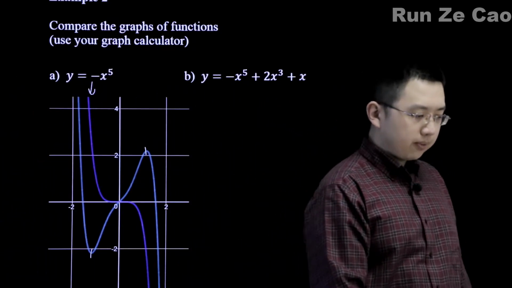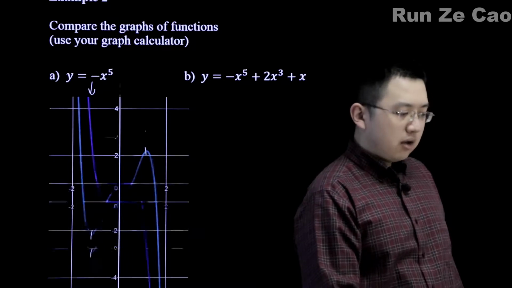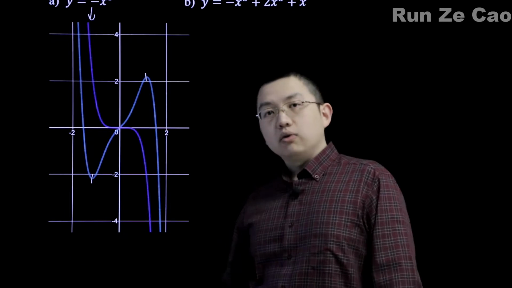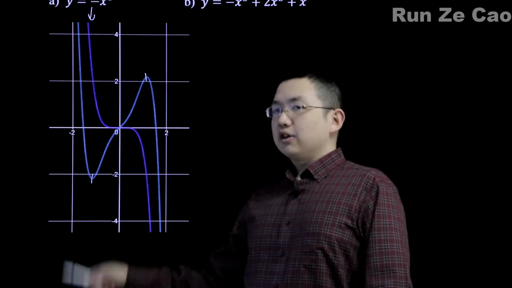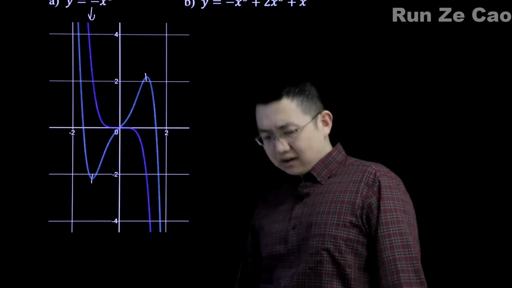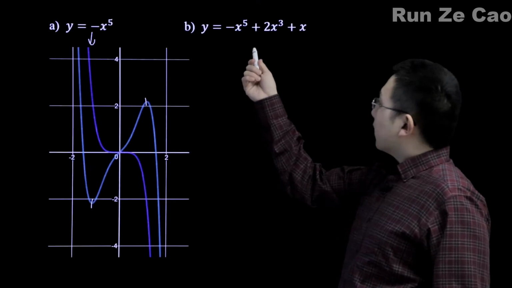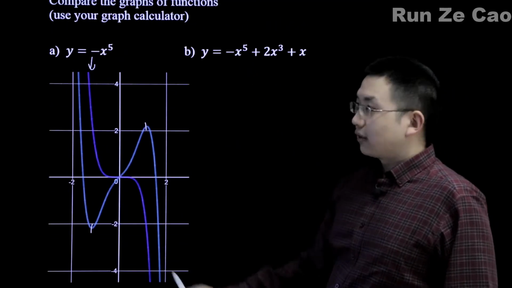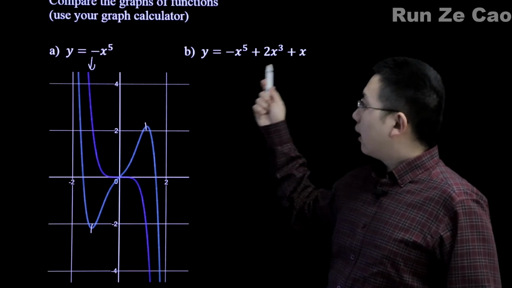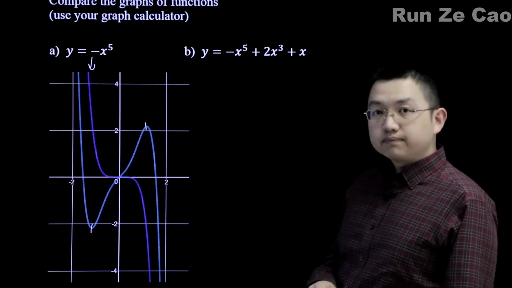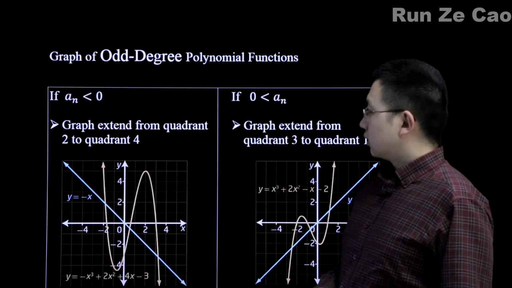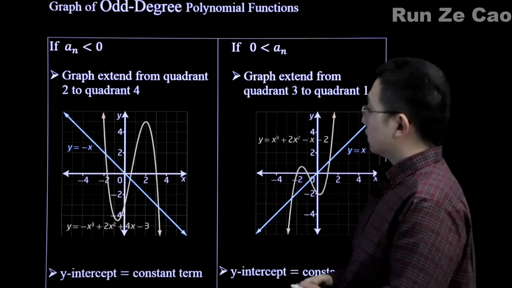Thus, we can warp the graph, but we notice that this graph is still symmetrical about the origin. Why? Because every single thing that we're adding together or subtracting is symmetrical about the origin. They are all odd-powered functions, or odd-degree polynomial functions.